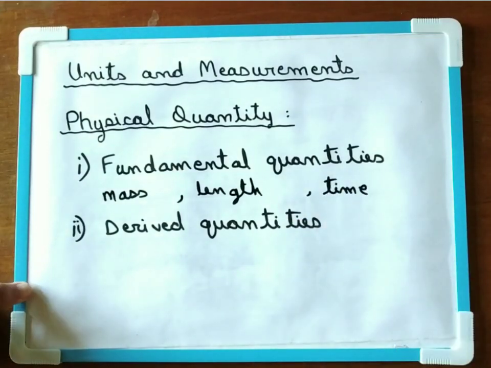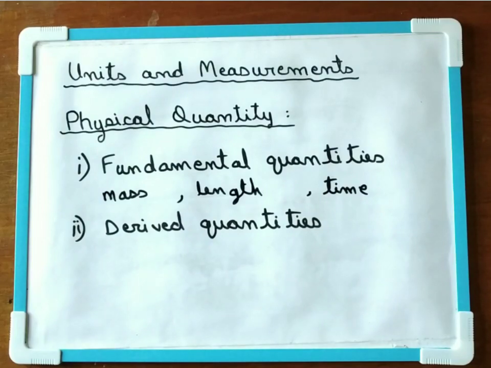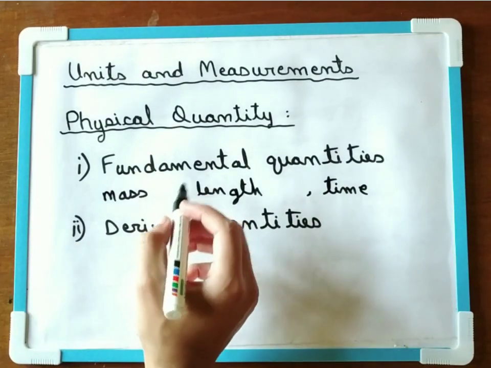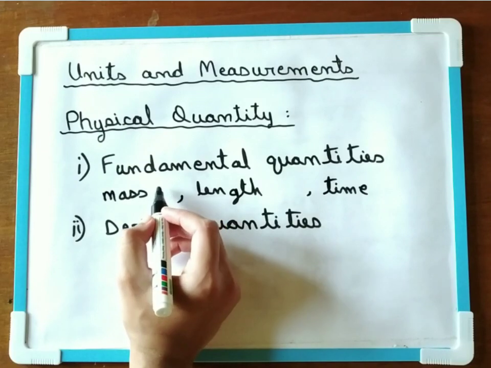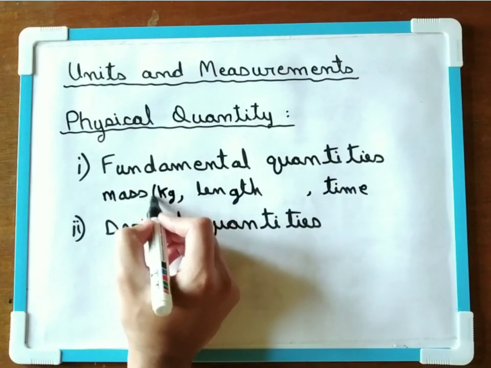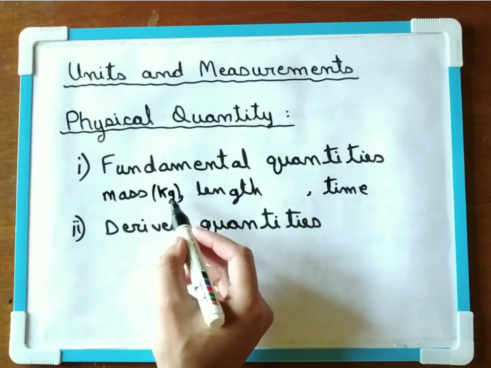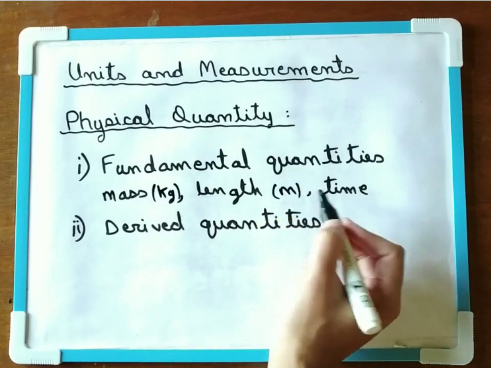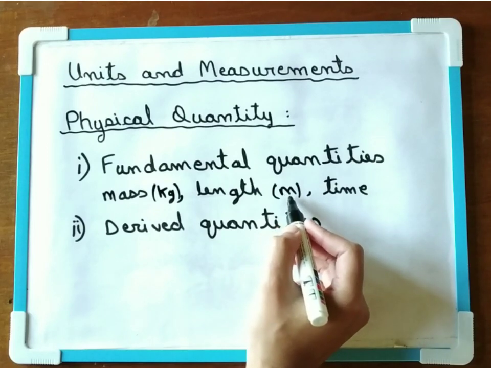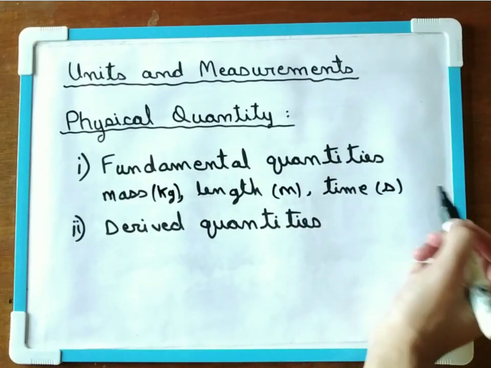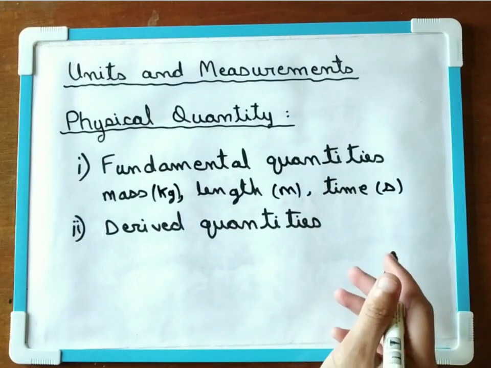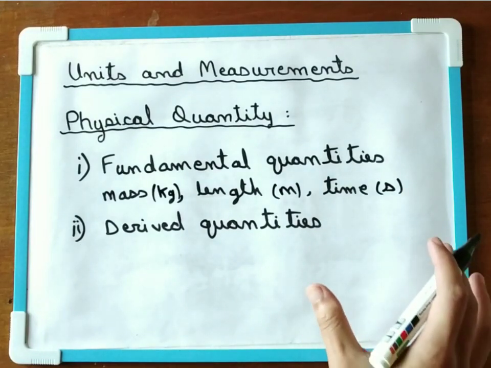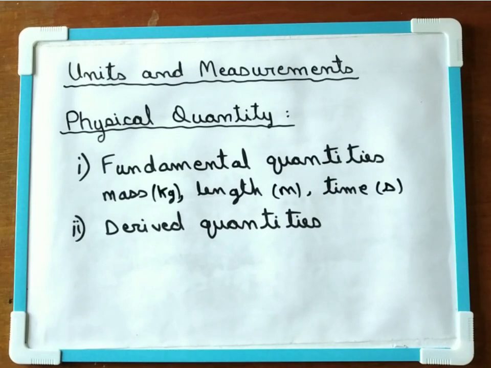Three fundamental quantities. Now the unit of mass, which is usually in kg, is known as the fundamental unit. And the unit of length, which is in meter, is also known as the fundamental unit. Time, which is in second, these are known as fundamental units. Okay, so the units of fundamental quantities are known as fundamental units, for example, kg, meter and second.